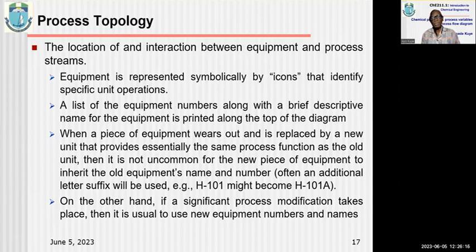And when a piece of equipment wears out or is replaced by a new unit that provides essentially the same process function as the old, then the new piece of equipment will still retain the old equipment name.